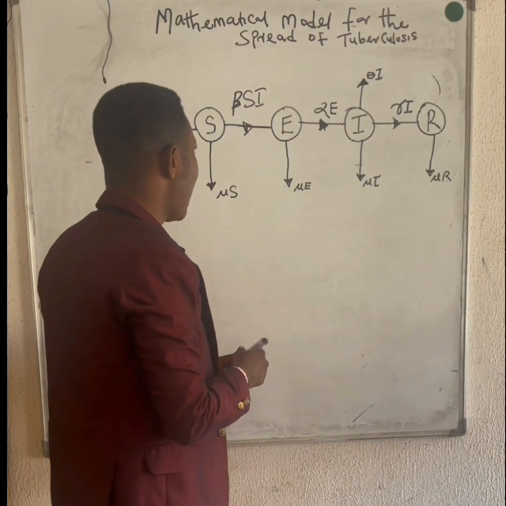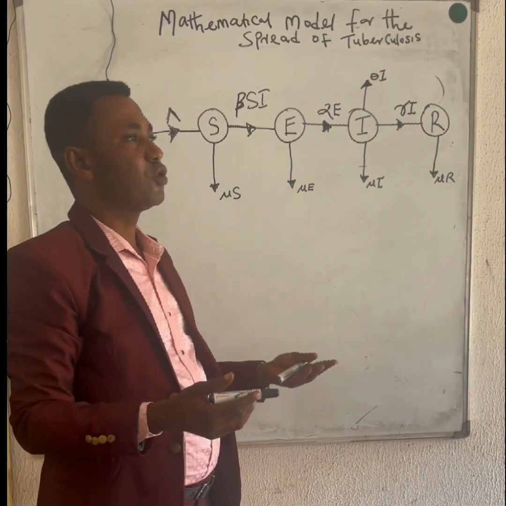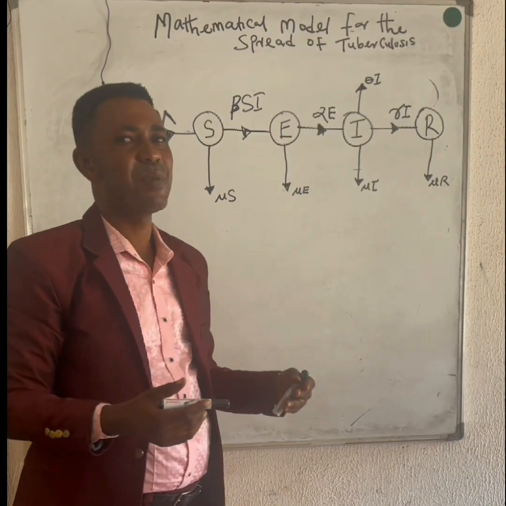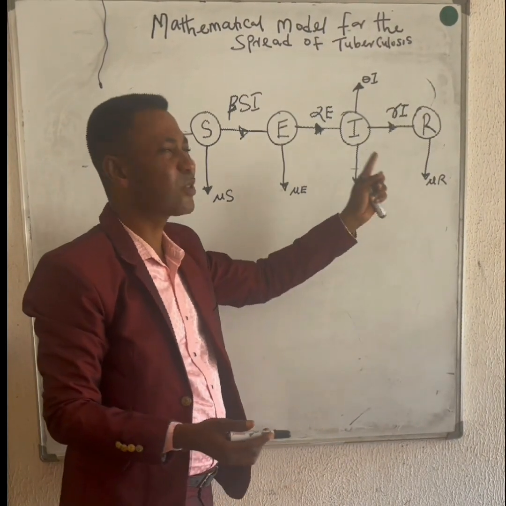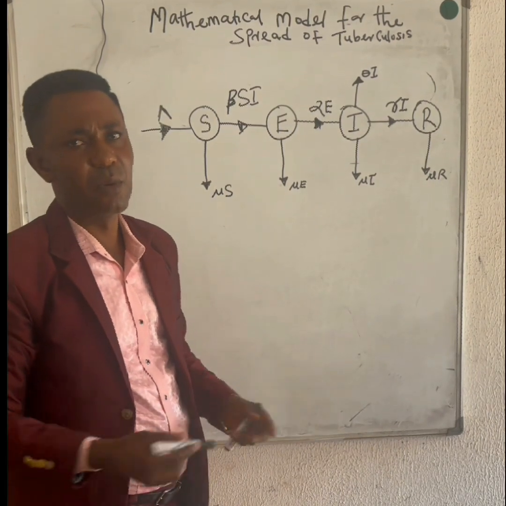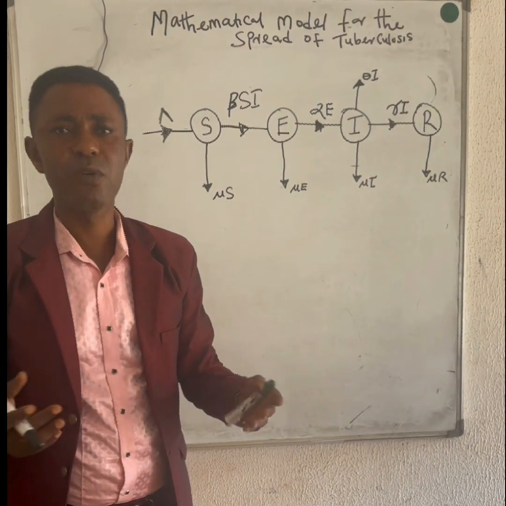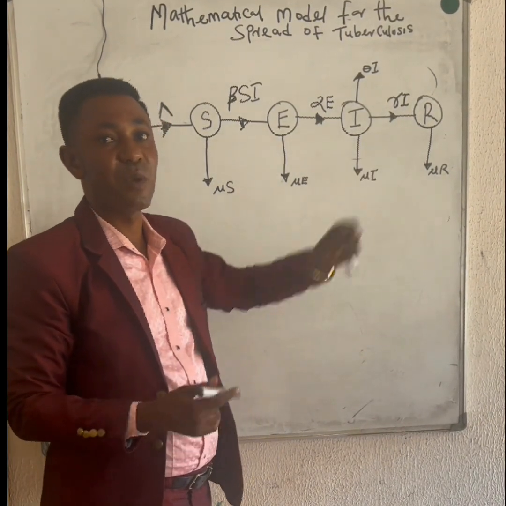Now, we also assume that when you recover from tuberculosis through treatment, you can still become susceptible again. That is, you can lose immunity and return to being susceptible. The fact that you recover today does not mean you will not be sick of tuberculosis again. When you are not very careful, you can still become susceptible.